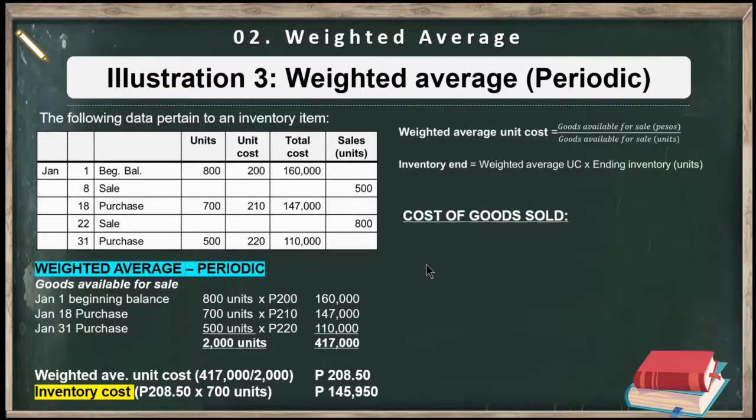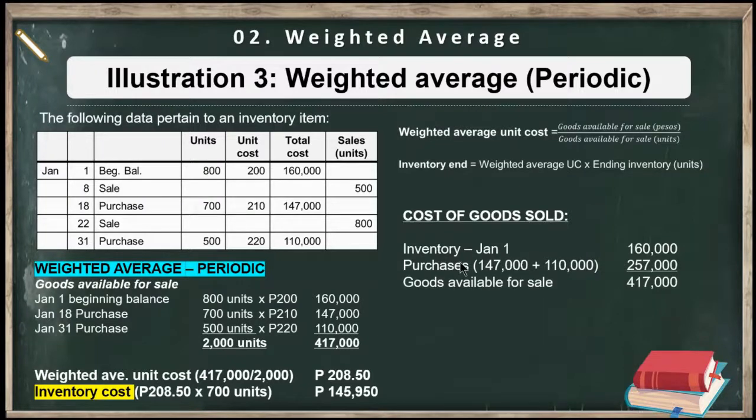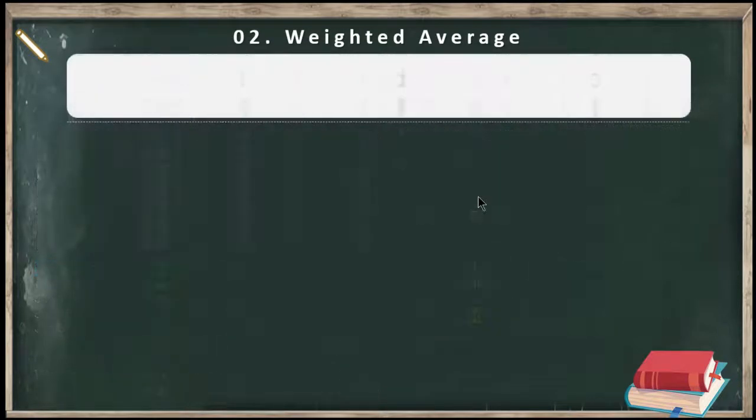To determine the cost of goods sold, again, we can use the pro forma statement of cost of goods sold. You have inventory, January 1, then add the purchases, then goods available for sale, deduct the amount that we have computed, and we have the cost of goods sold, which is 271,050 pesos. That's for the weighted average periodic.